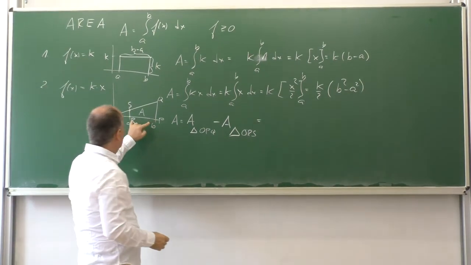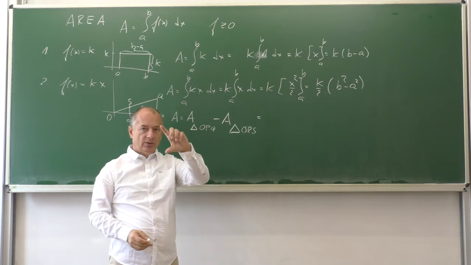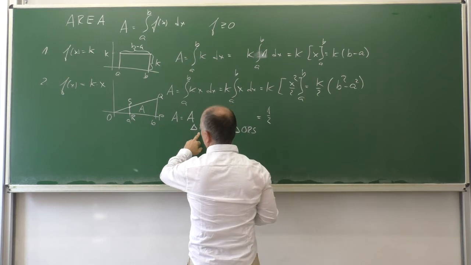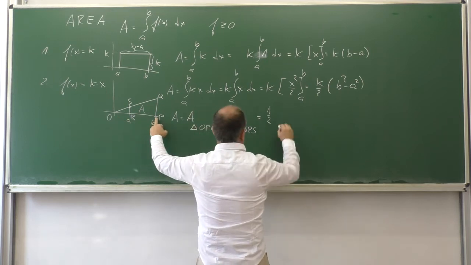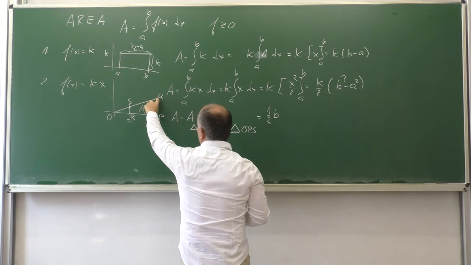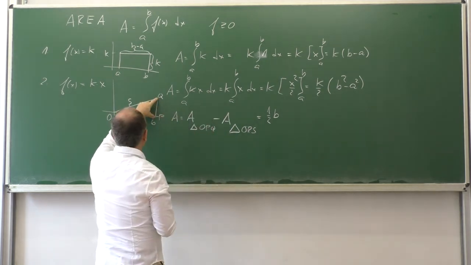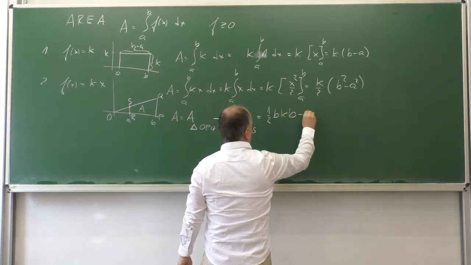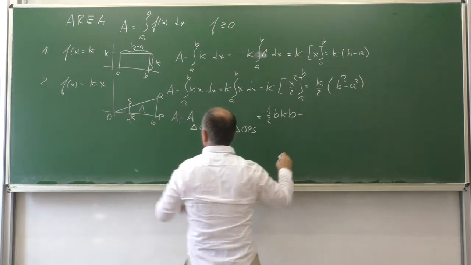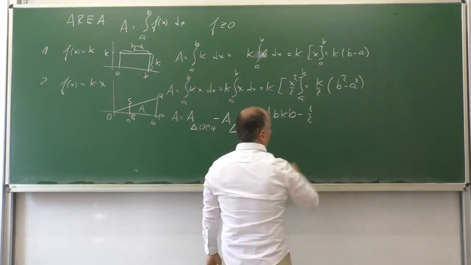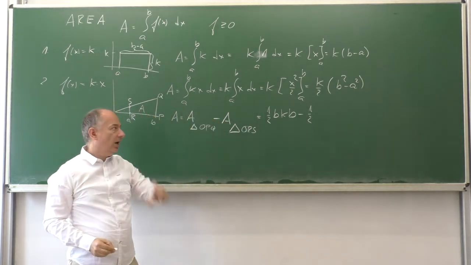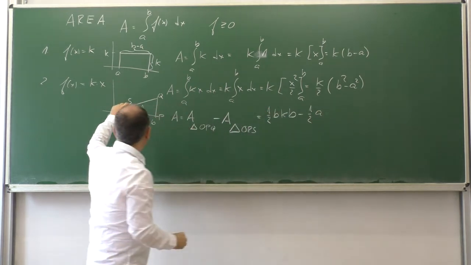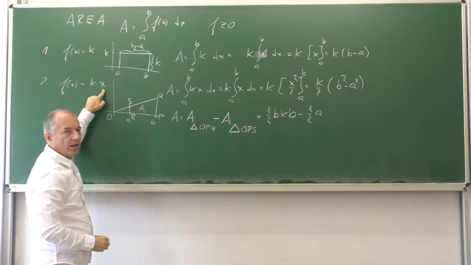But the area of the triangle is 1 half of the product, base times height. So the large triangle is 1 half, and the base is b, and the height is the function value at b, which is kb. Minus, and the area of the small triangle is again 1 half of base times height. Base is a, and height is the function value at a, which is ka.